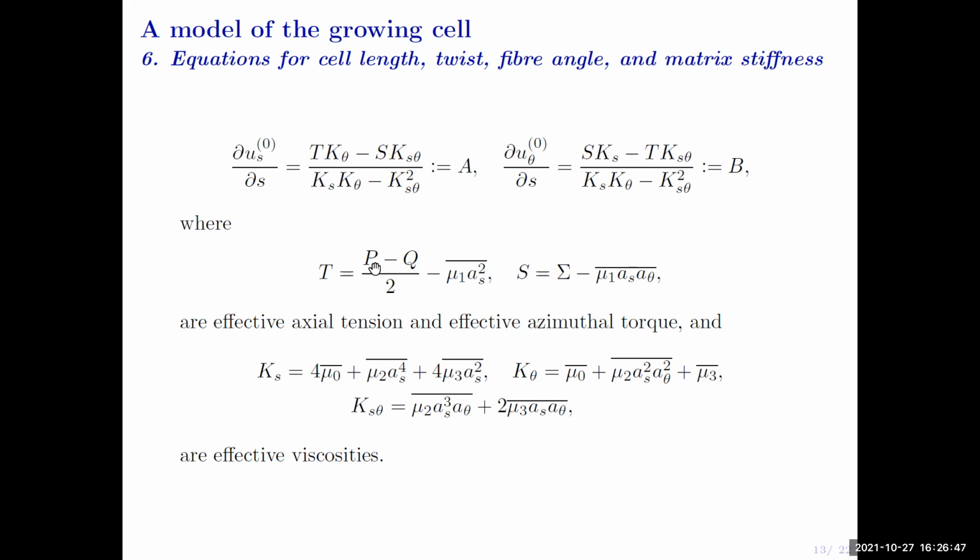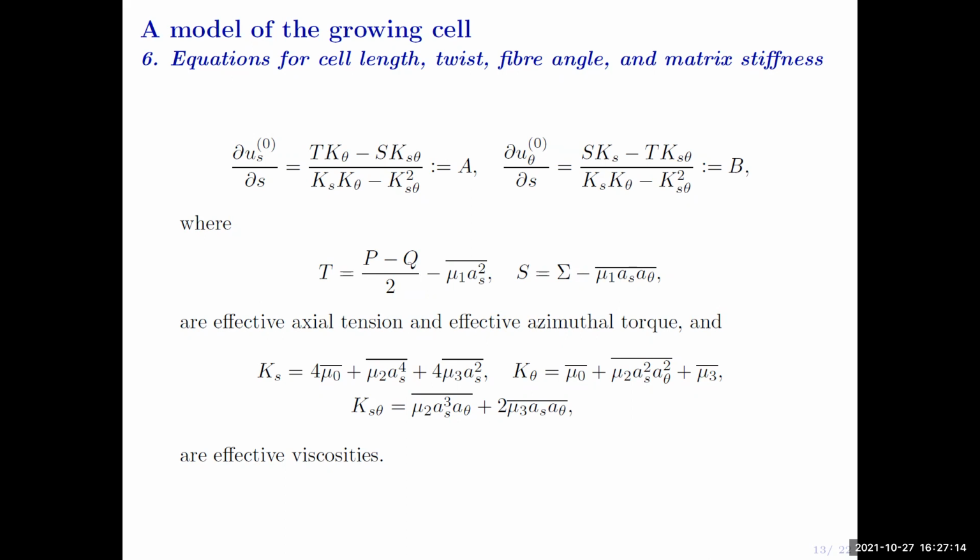So we have the familiar P minus Q over 2, modified by a mu1 term. Now, remember, we are going to set mu1 to 0, but in general, this is what T is, and S as well. It's this applied torque big sigma, again modified by mu1. So T and S both look like forces: the one is an effective tension, and the other one is an effective torque.